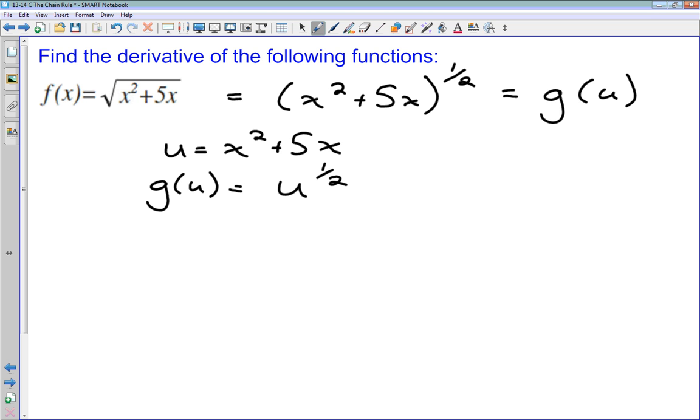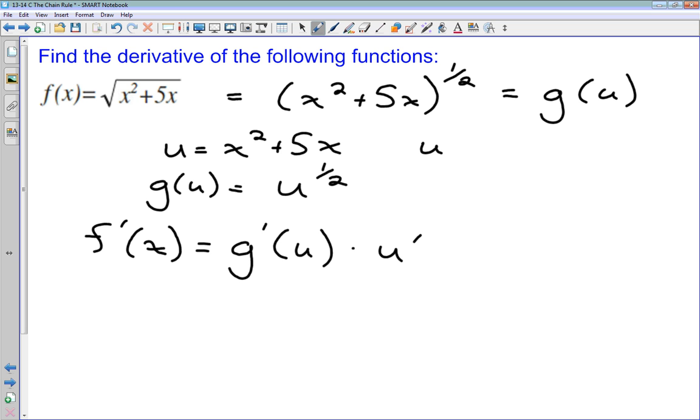So our derivative here, f primed at x, is going to be g primed at u times u primed. So what is the derivative of u? U primed is going to be, Van, what is the derivative here? 2x plus 5.